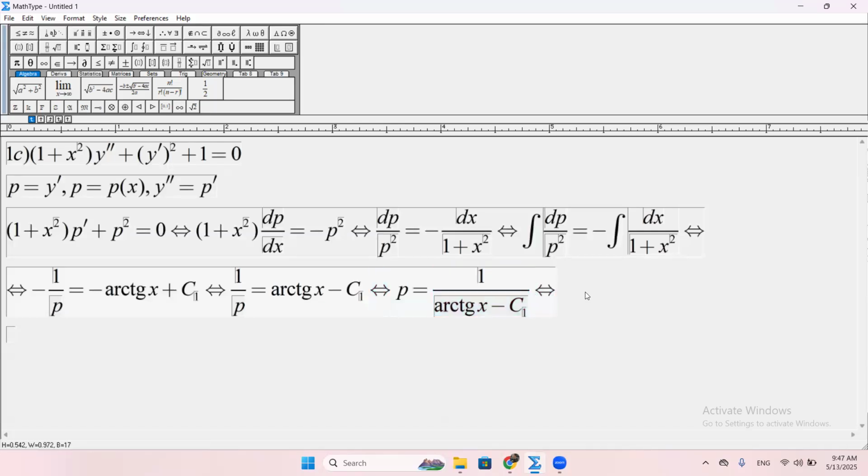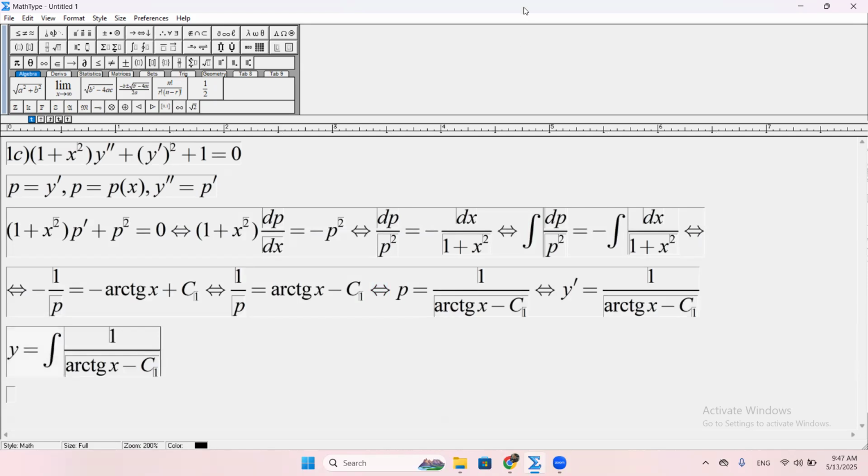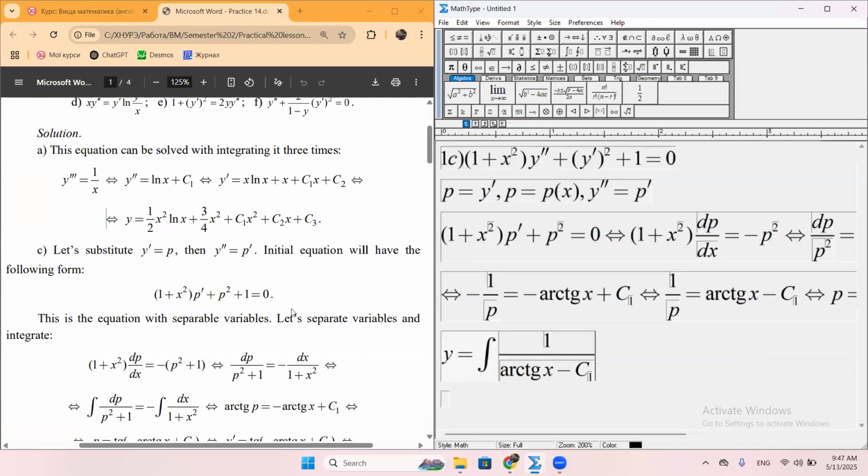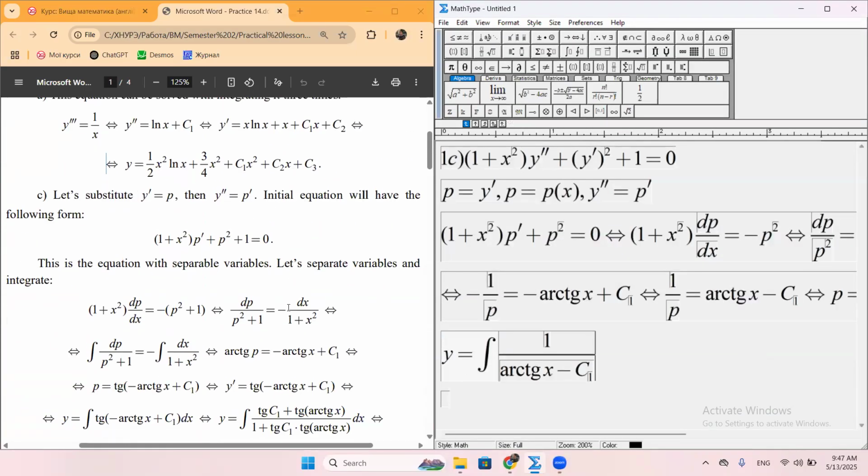Then y prime equals 1 over arctangent x minus c1. So y will be equal to the integral of this expression. Yeah, this is not really easy.